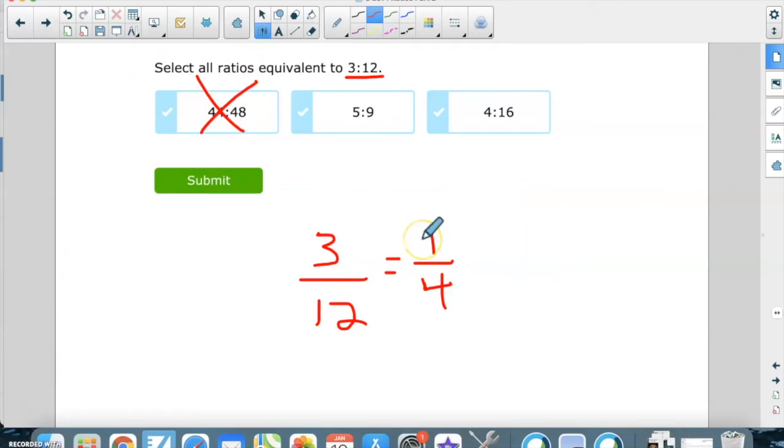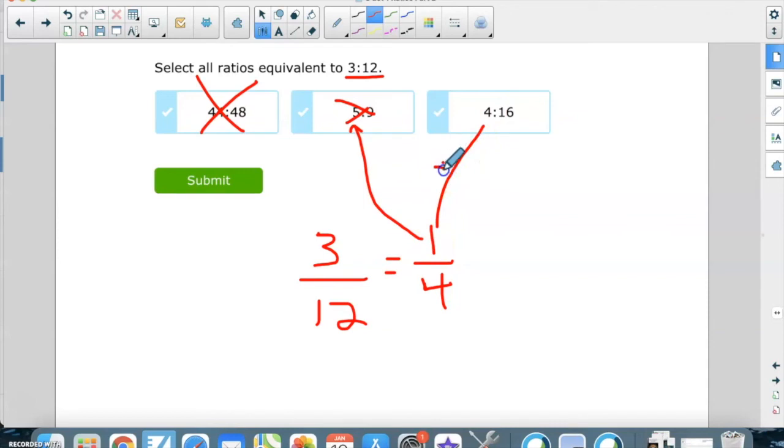And I can just look at this next one. How do you go from 1 to 5? That's times 5, right? And then 4 times 5 is 20. Doesn't work. Okay. So then we have this one, 4/16. How do you go from 1 to 4? Look at the top number and the first number.